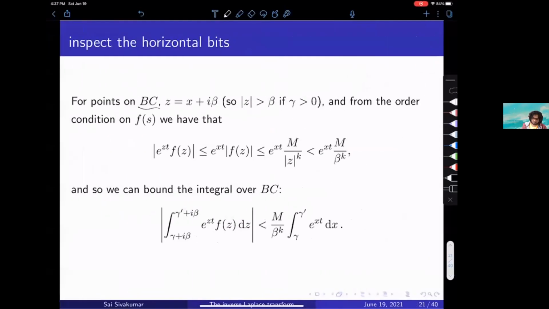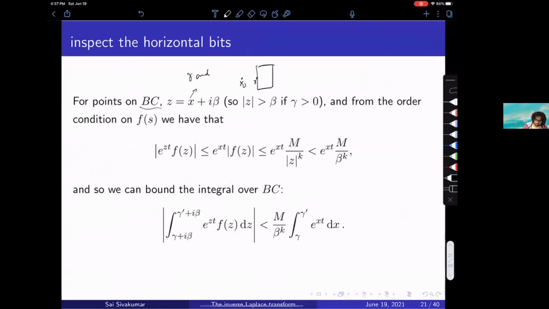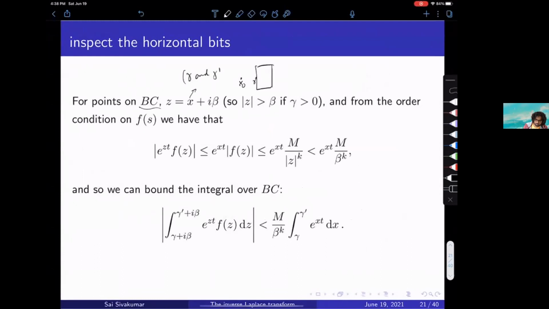So BC being the top horizontal bit. For points on BC, you'll have that z is equal to some x plus i beta. And of course, this x is going to be between gamma, which is like x naught over here, and gamma prime. So we'll put that in this interval.